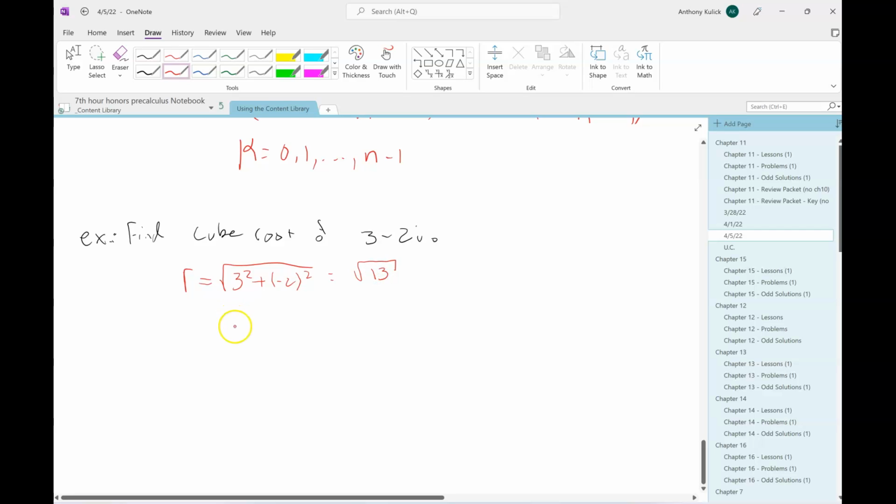So r is the square root of 13. 3, negative 2 is here, so there's my theta. Theta is going to be 360 minus the tan inverse of the absolute value of negative 2 over 3.